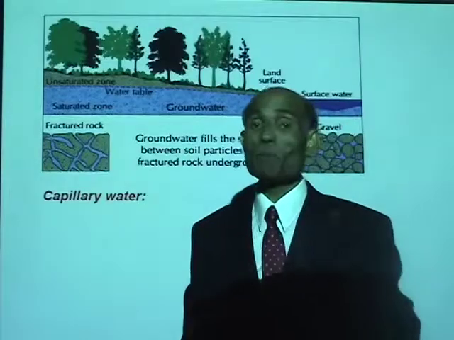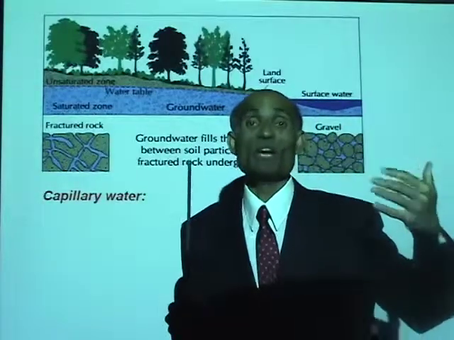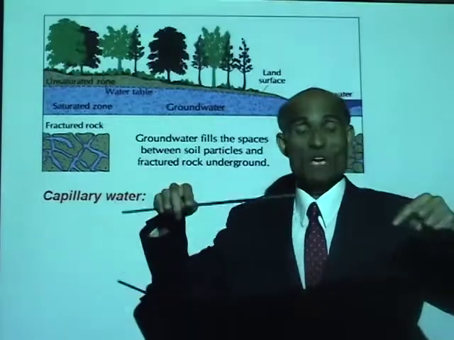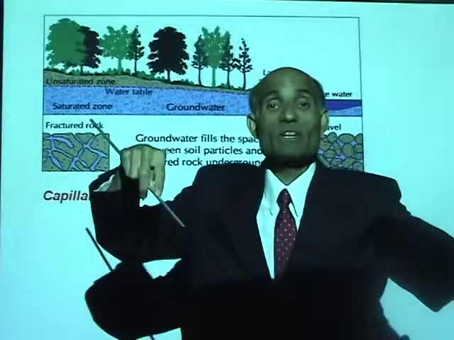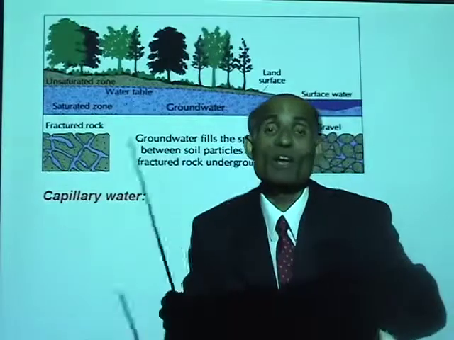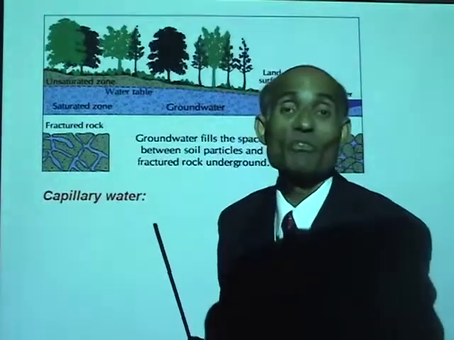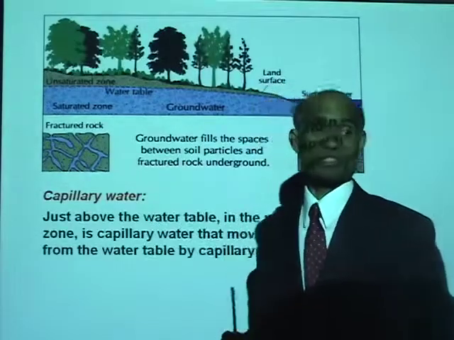You see, a lot of big trees can survive years without rain. Why? Because their roots will penetrate deep into the soil where capillarity has brought in water from the groundwater supply.